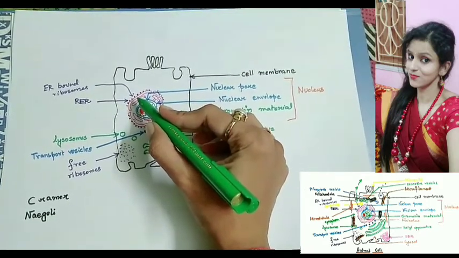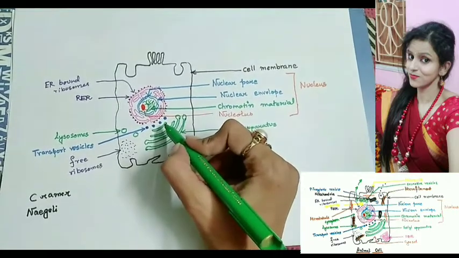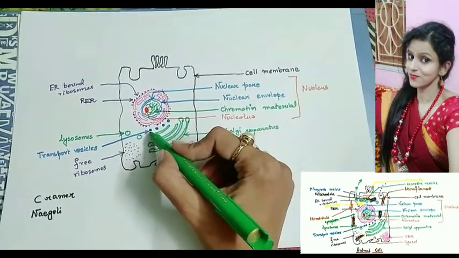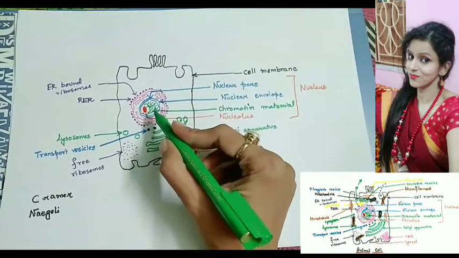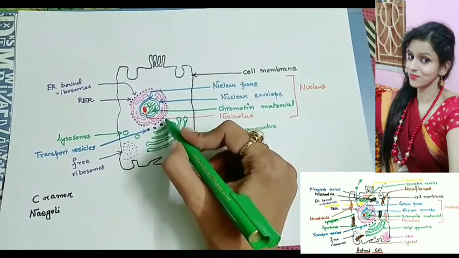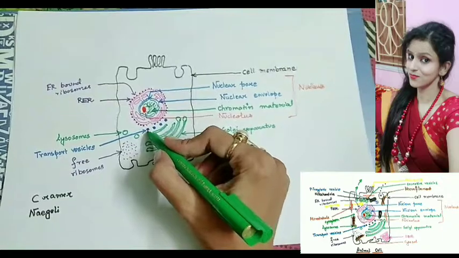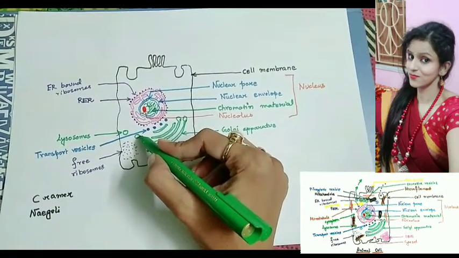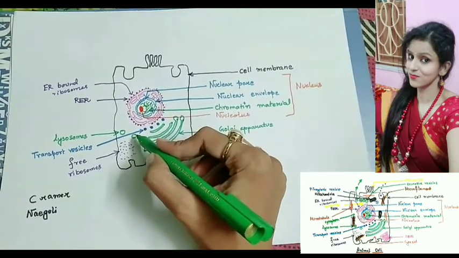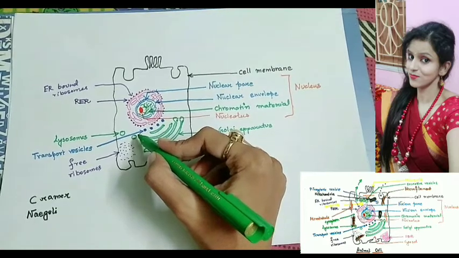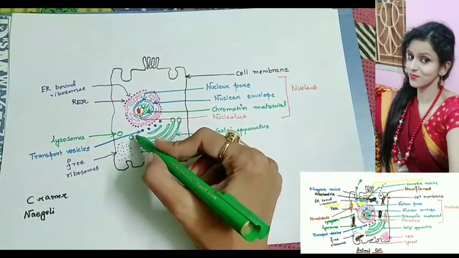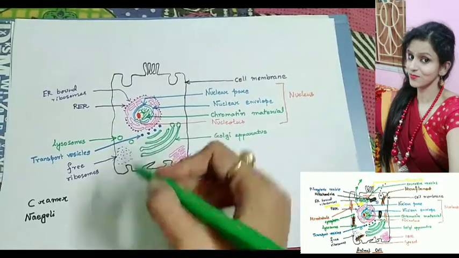And when these digestive enzymes are produced, they are transported by these transport vesicles which I have marked, and these transport vesicles again transport this to the lysosomes. I hope it is clear to you. So in this way the thing is being transported.